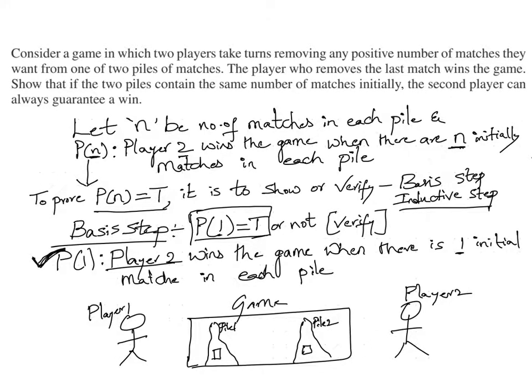Now player 1 has taken his turn and removed this match. Once player 1 has completed his turn, immediately player 2 takes his turn and removes this particular match. But see here, this match is the last match in the game.